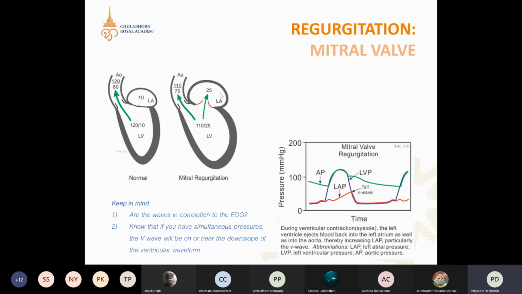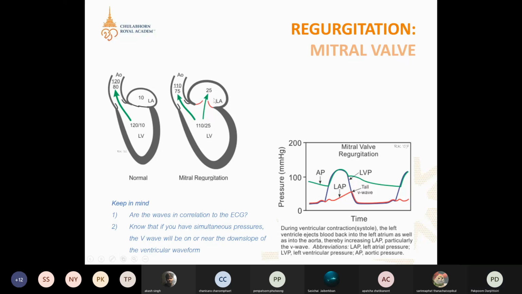Okay, with that, you will see that the LA pressure is equal to the LV EDP because there is no obstruction at the mitral valve.